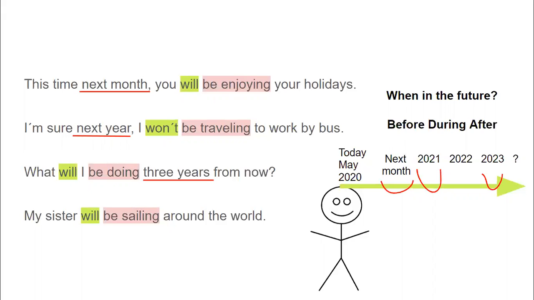So, when in the future, in all these sentences, the action is taking place during the time expression mentioned. In the last sentence, my sister will be sailing around the world. We don't have a time expression, but we know in the future she will be doing something during a period of time.